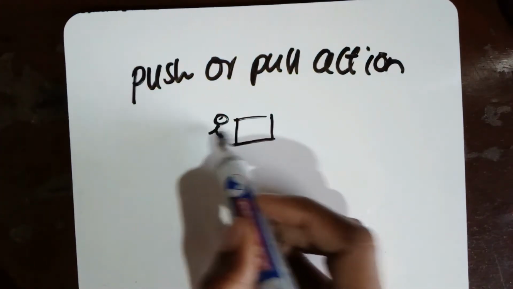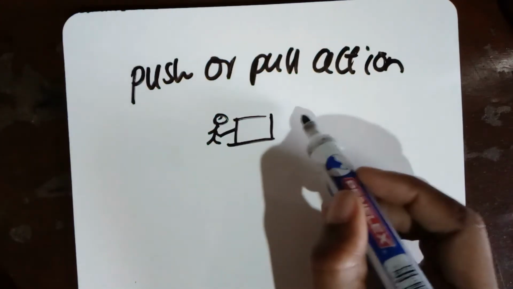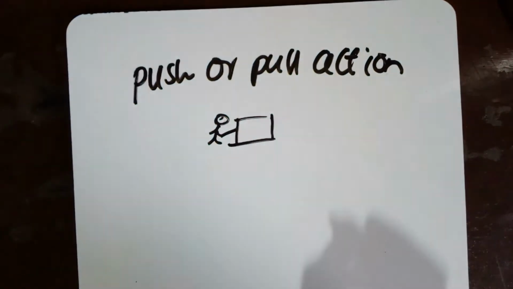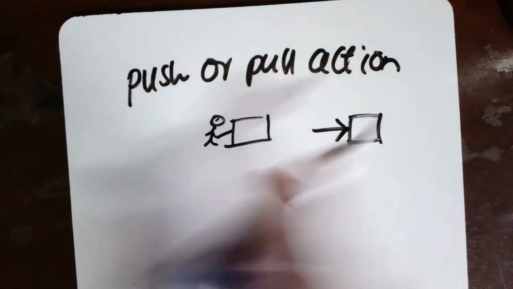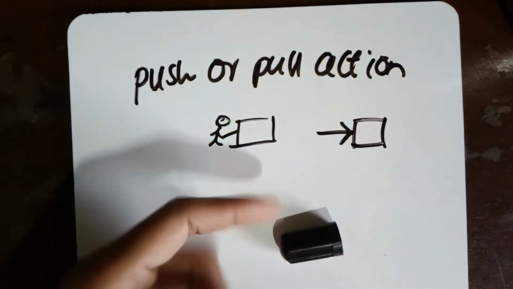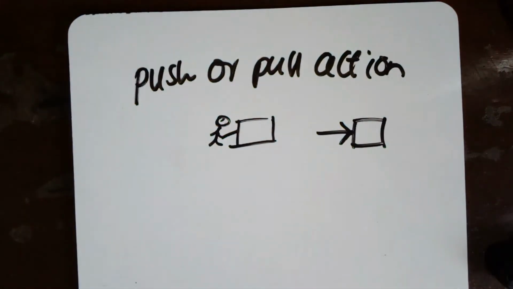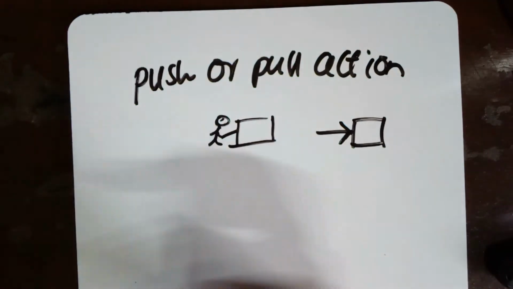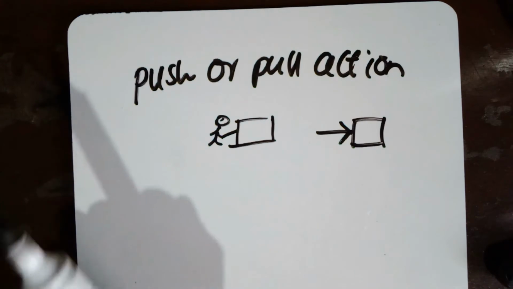This is you trying to push, those are your hands, or maybe you're trying to pull it. You may be trying to push that object to move in a certain direction, or pull it in a certain direction. Just imagine those push or pull doors, so you're exerting a certain type of force.